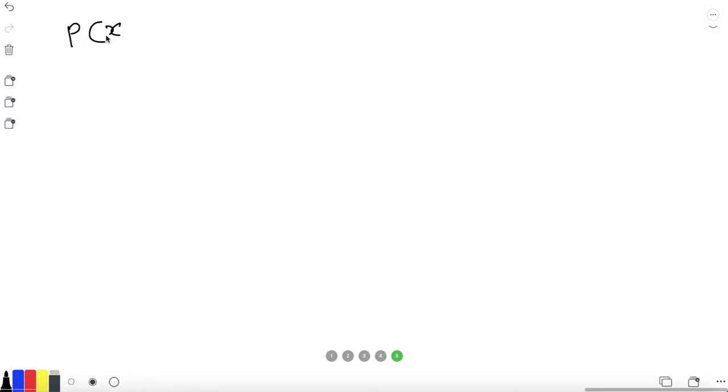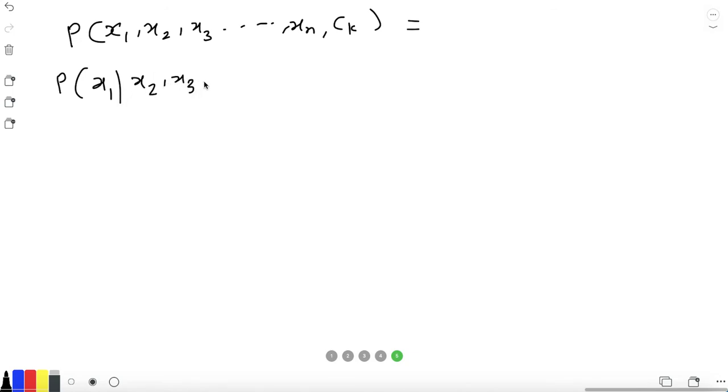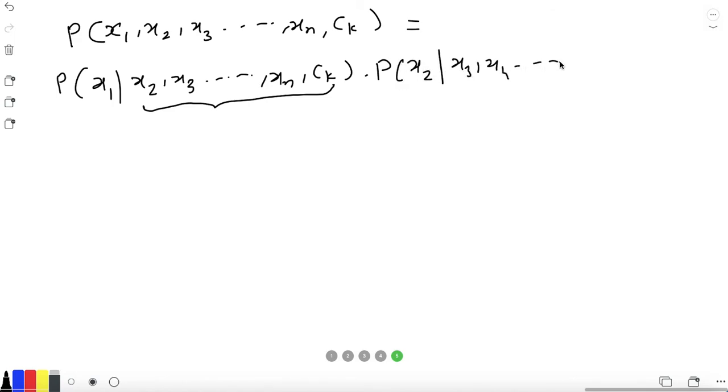CK given X1, X2, X3 up to Xn is equal to probability of X1 given X2, X3 up to Xn, CK, into, applying the definition of conditional probability, probability of X2 given X3, X4 up to Xn, CK, right?